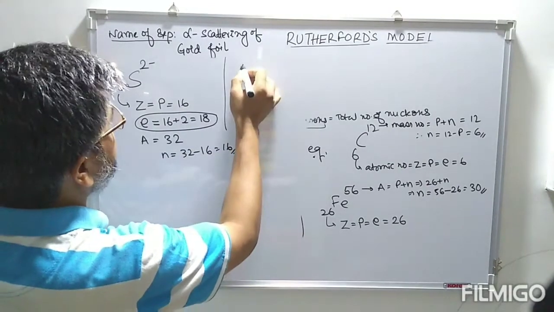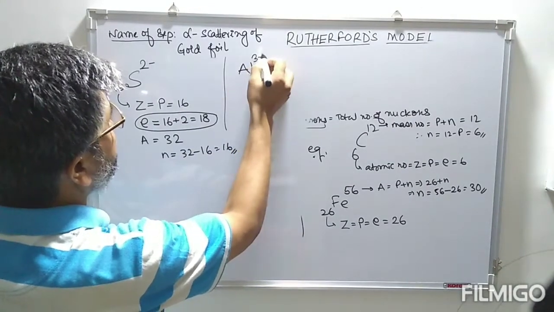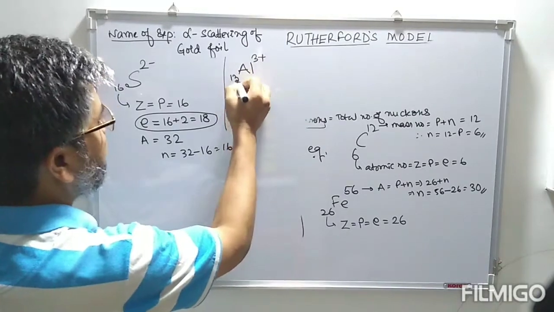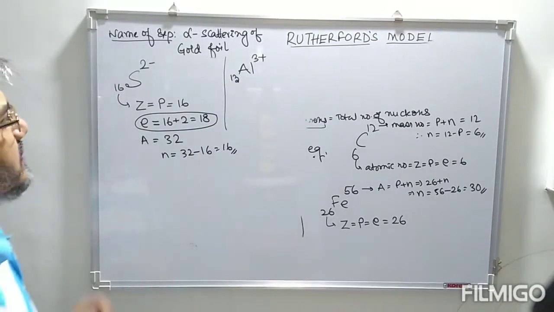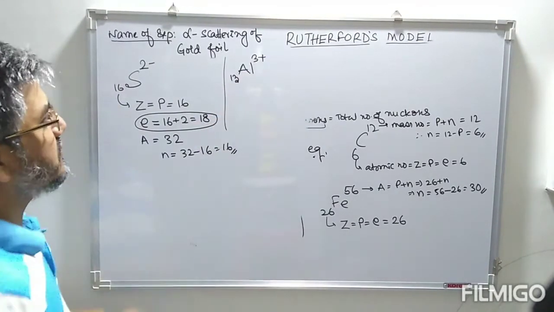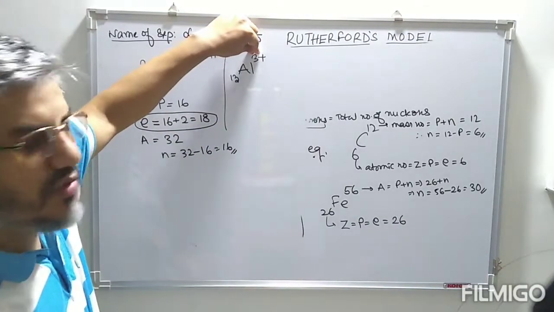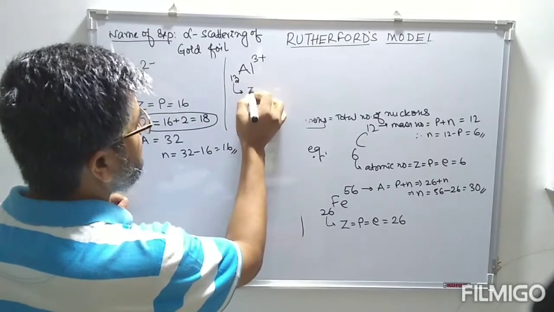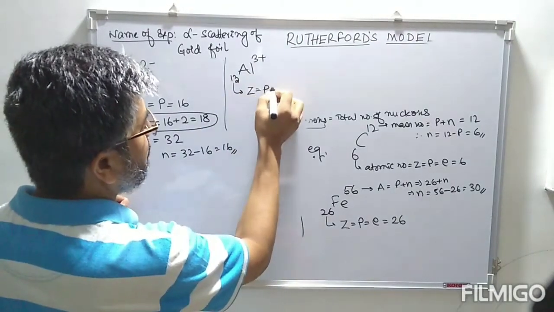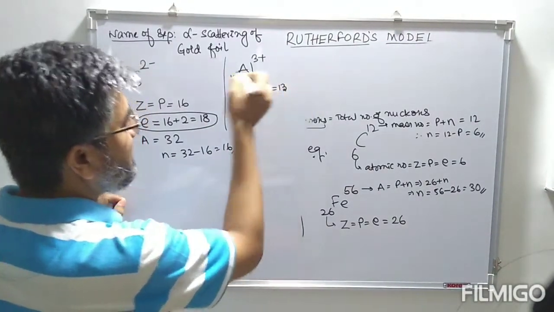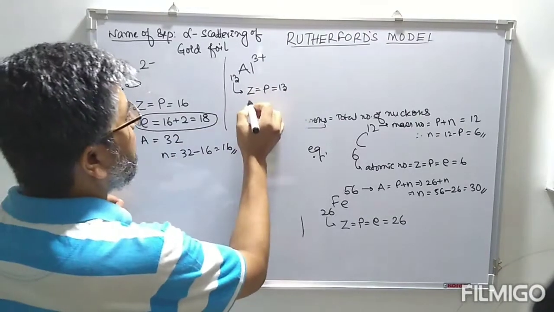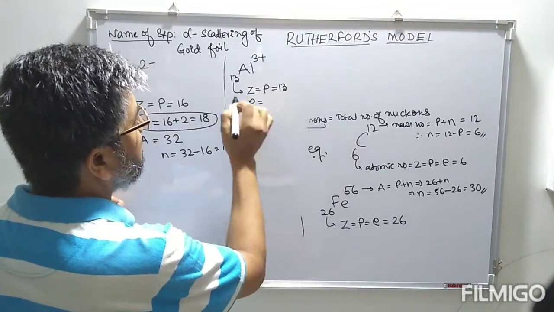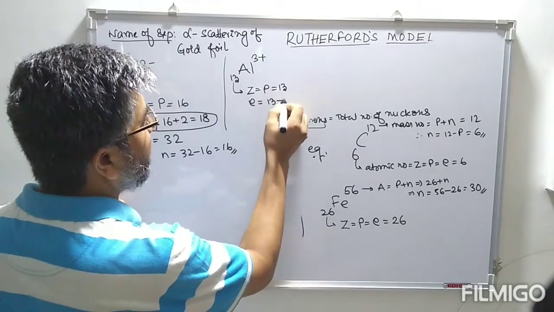Take this, aluminum 3 positive, atomic number is 13. So we have 3 positive. Positive charge is due to removal of electrons. So these 13 represent Z, that is the number of protons. So the number of protons is 13. The number of electrons is 13 minus 3.